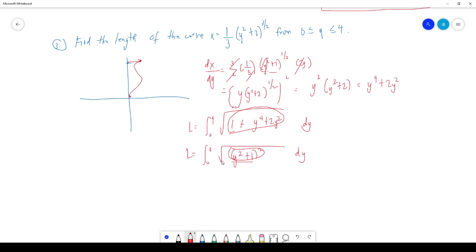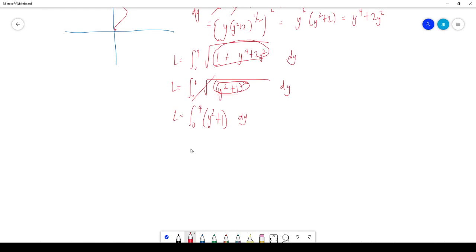Okay? So, therefore, the square root and square will be gone. What's left would be the integral from 0 to 4 of y squared plus 1 dy. Okay, so therefore this is from 0 to 4. We can now integrate this one. That's y cubed over 3 plus y, from 0 to 4.